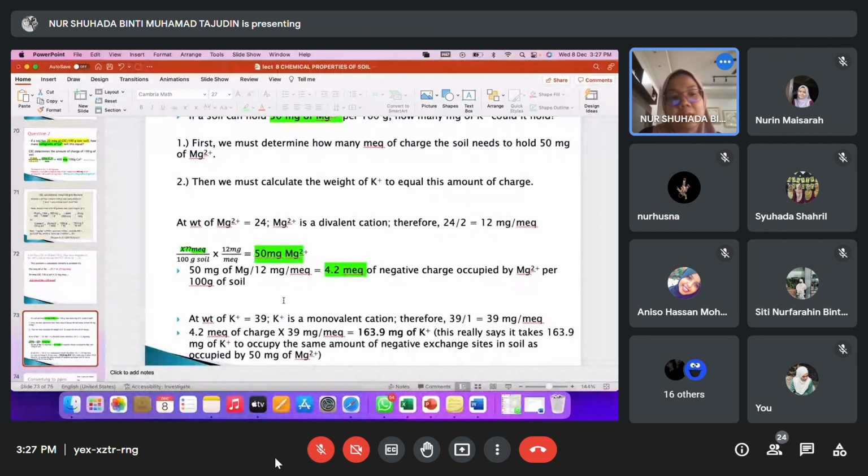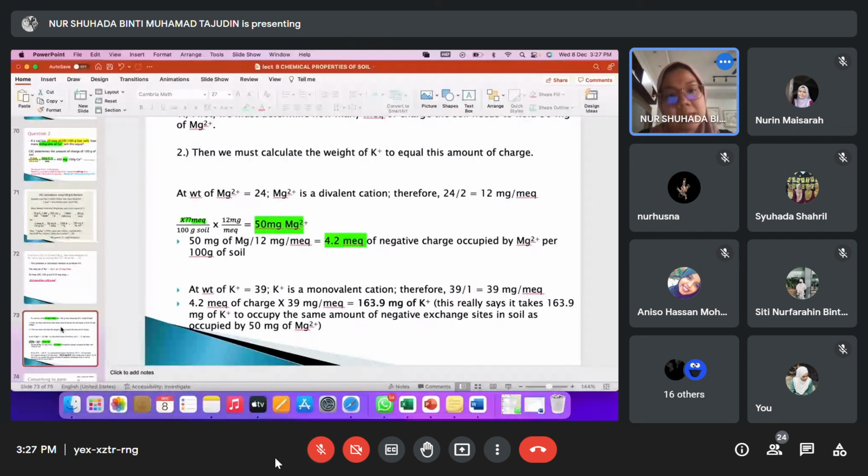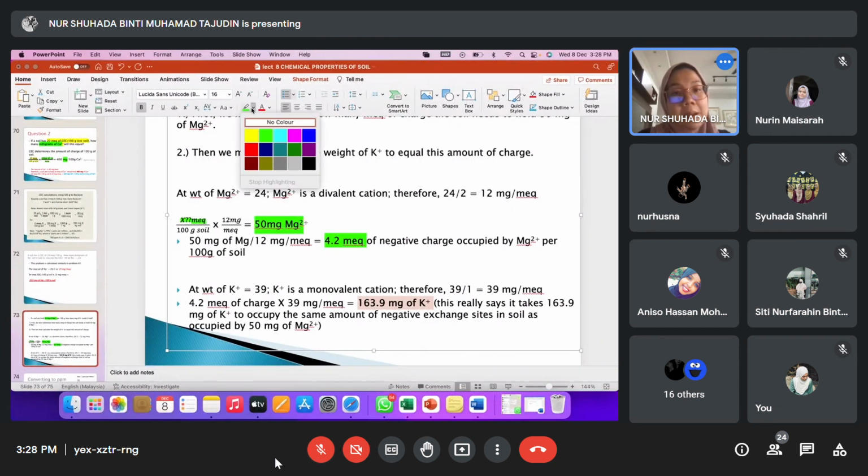If the Mg sits there, it will be 50 milligram, but if K sits there, it will be 163.9 mg of K. But what doesn't change here? The MEQ. The MEQ will be the same because that is the capacity of the soil, about 4.2 MEQ.